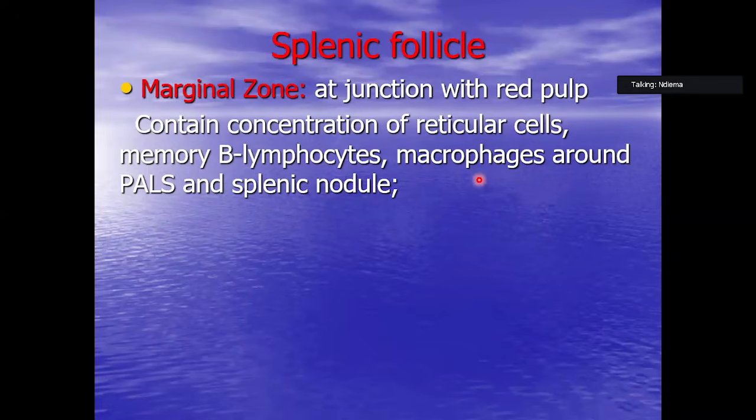The macrophages are around the splenic follicle, but macrophages are also at the edge of the periarterial lymphoid sheath. And like I've said, macrophages are very important as antigen-presenting cells.